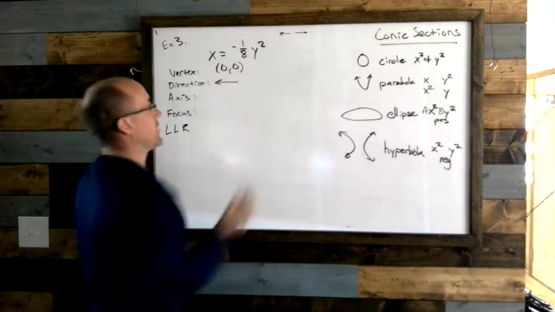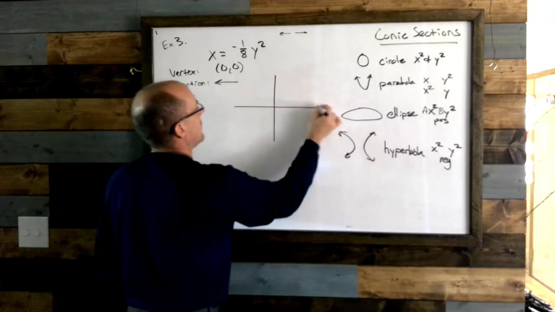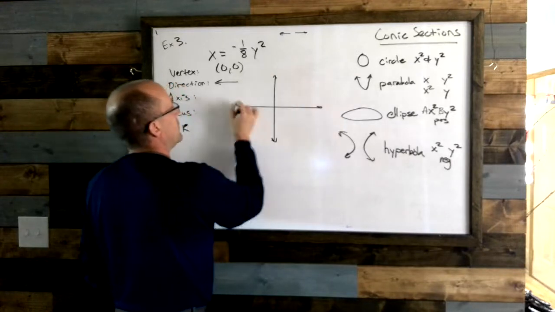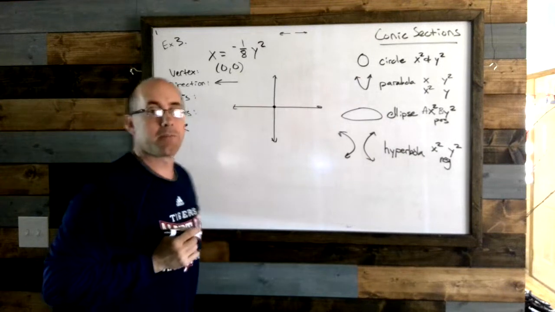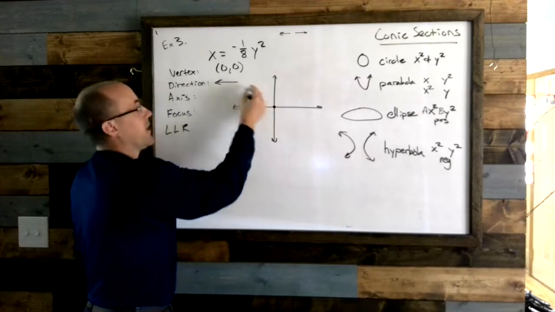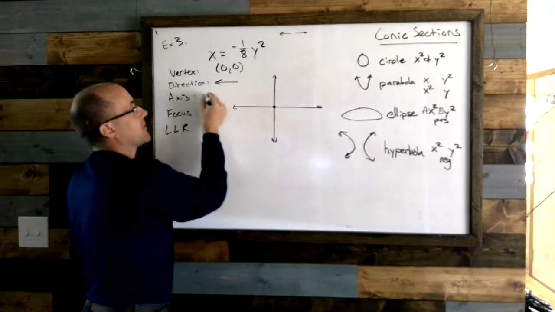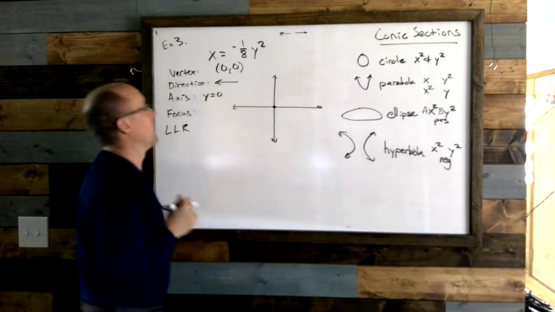I'm going to start making that sketch. I'm going to plot right there. Okay. And it's going to head off this direction. Okay, if it heads off this direction, then the axis of symmetry is y is equal to 0.